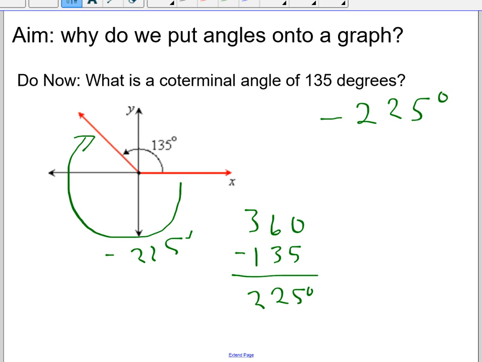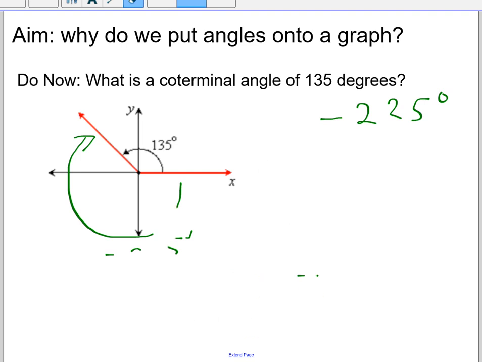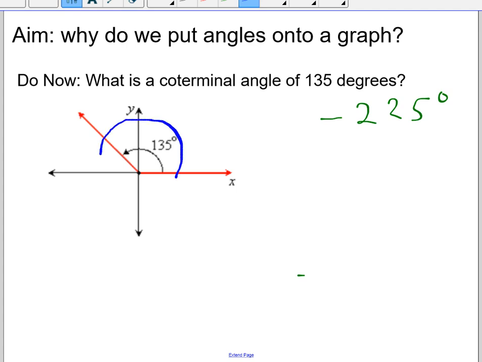So negative 225 degrees is a coterminal angle of 135 degrees. But it's not the only coterminal angle, and I'm going to erase this, and we're going to start to make a list. I'm going to draw another one on here. So let's do another positive one. I'm going to start at this initial ray, come around, go past that terminal ray a full 360 degrees, and then keep going and stop at that terminal ray.